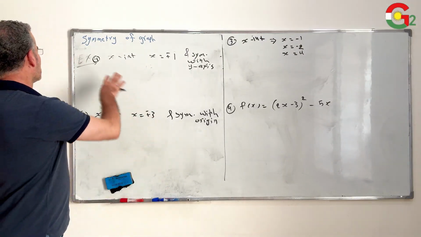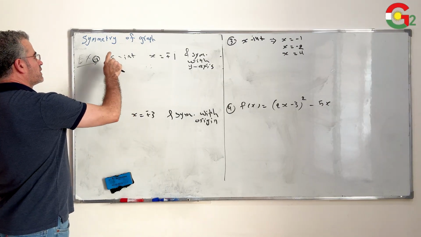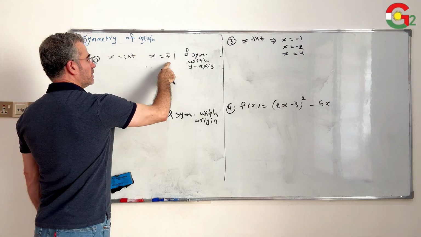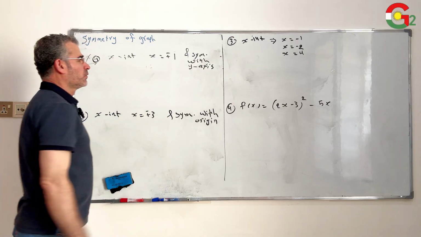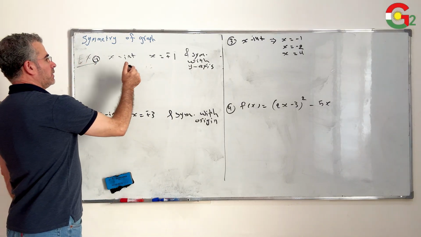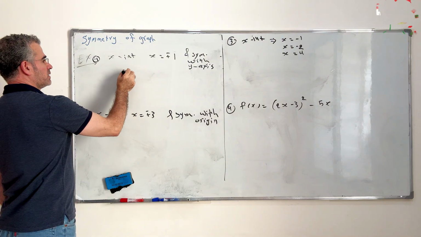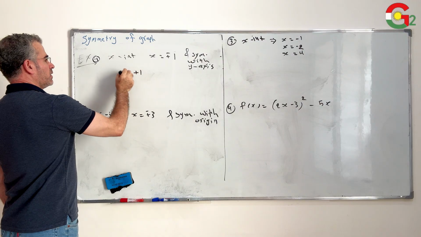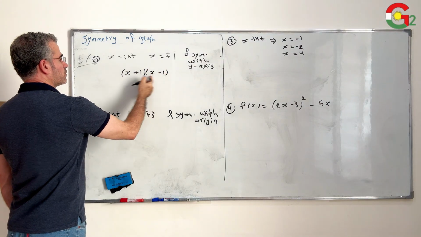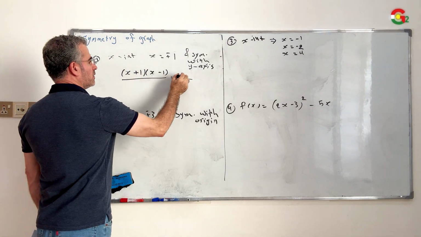Another example: find the equation of the function that has two x-intercepts, x equal to negative 1 and positive 1, and symmetry with the y-axis. For the two x-intercepts x equal to negative 1 and x equal to positive 1, the numerator should be x power 2 minus 1.